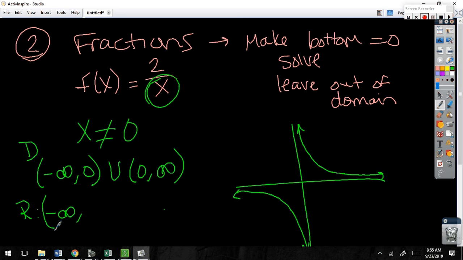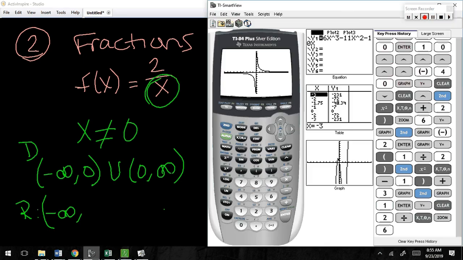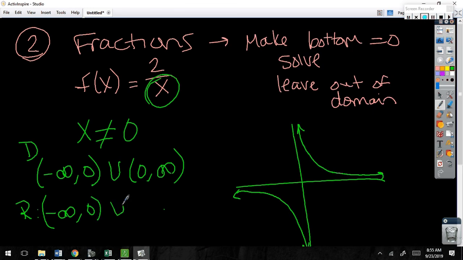Look at it. It's hugging that axis from both sides, but it's never crossing over. So it's getting really close to 0, but it's not crossing. And then it's picking back up at 0 and going on forever. Same thing. Is that always gonna be true? No.